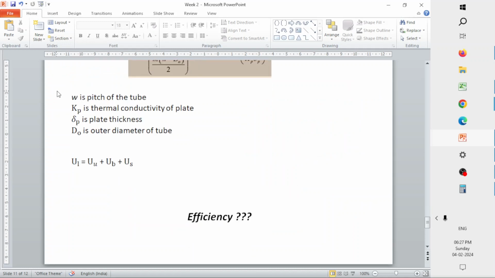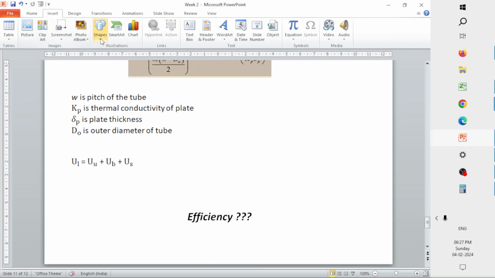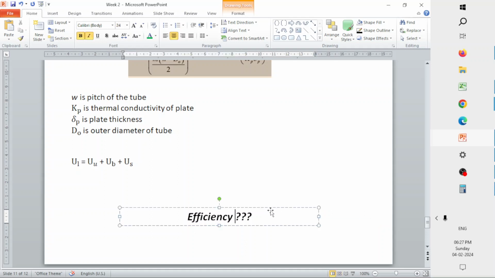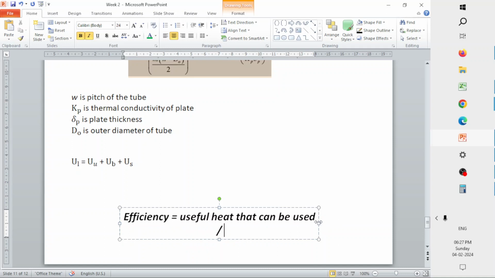Okay, so I'll just write it here. The efficiency will be the amount of useful heat that you gain, that is QU, the useful heat that can be used, divided by the total amount of heat falling on the plate.